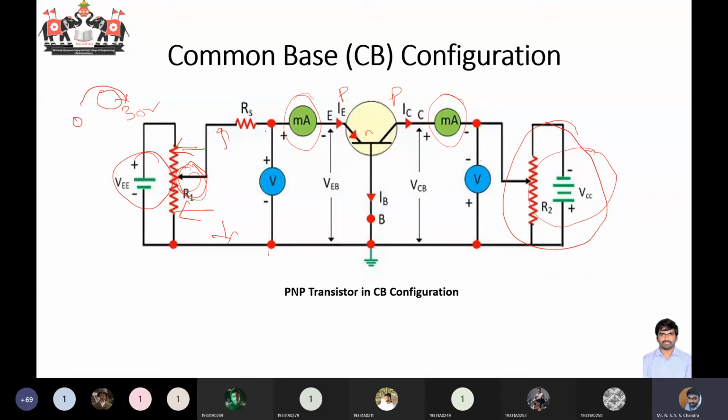The plus minus sign of your ammeter should depend upon the direction of your current, because we already have seen that for a PNP transistor your IE is incoming current. So from the supply towards the transistor it is moving. So the terminals of your ammeter should be positive from the supply and negative towards the transistor.